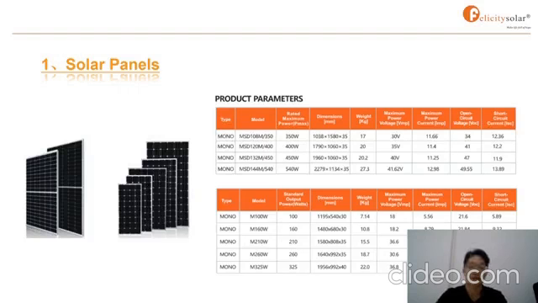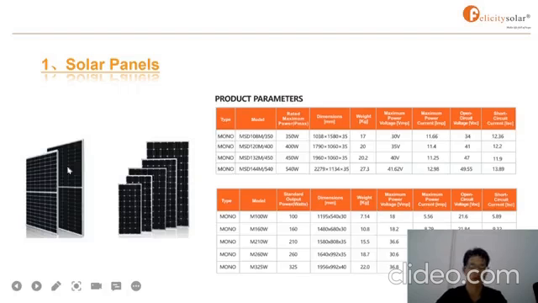Maybe some dealers may know our products. Our panels are divided into 2 different parts. You can see the left side is the half cut, and the right side is the full size.